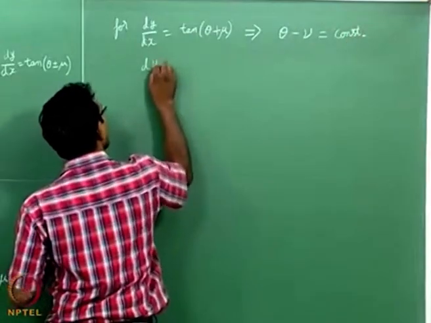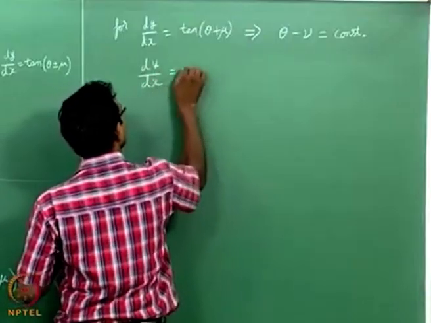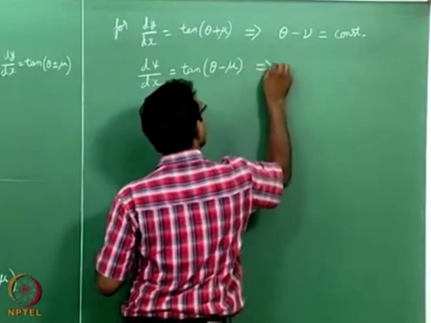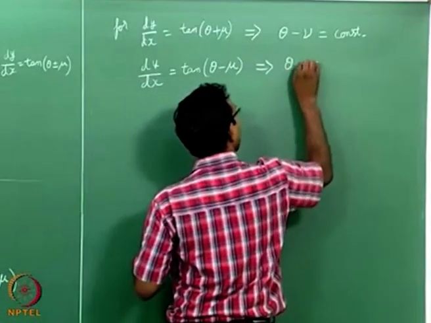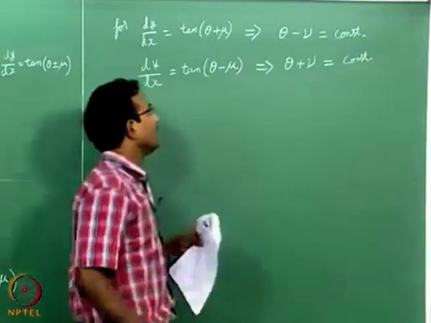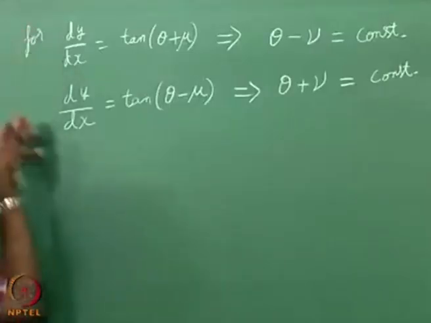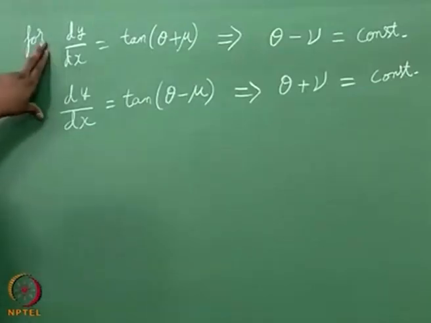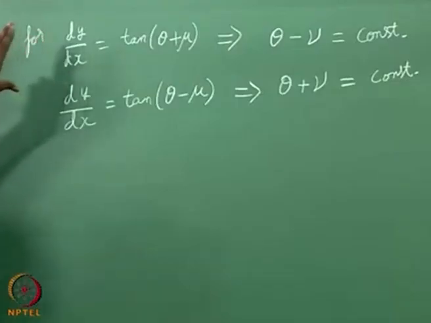And for dy by dx equal to tan of theta minus mu, we have theta plus nu equal to constant. These are the main results which we will use for 2D method of characteristics. Whatever we have derived till now is 2D, steady, isentropic, irrotational, that kind of flow field. And you get to two differential equations which are valid only along some specific directions. This is what we will end up with finally.